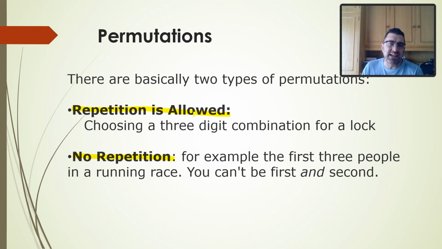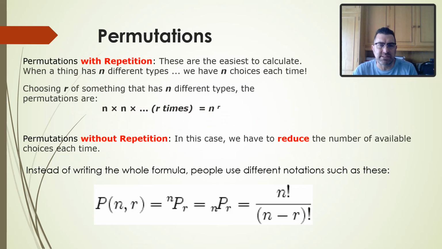Or actually it's 10 because it starts at 0. With no repetition, for example, first 3 people running in a race. You cannot be first and second at the same time. So there's no repetition allowed there, whereas for these, you can repeat numbers. Well, I suppose it depends also on what the problem says.